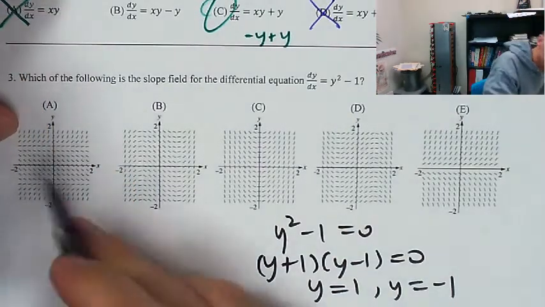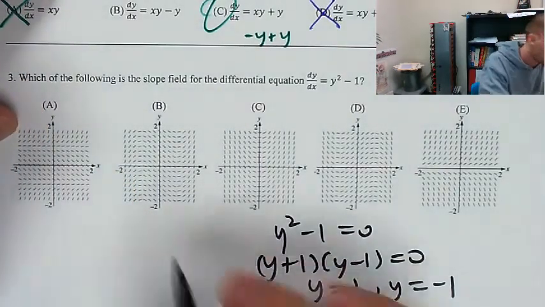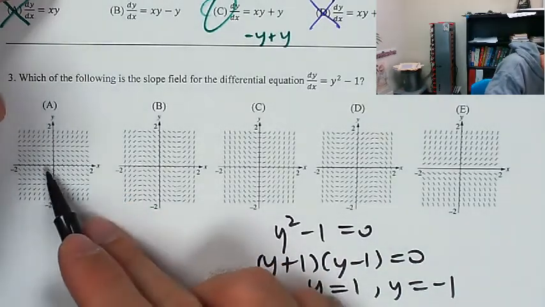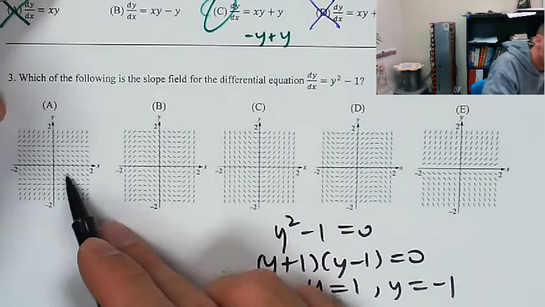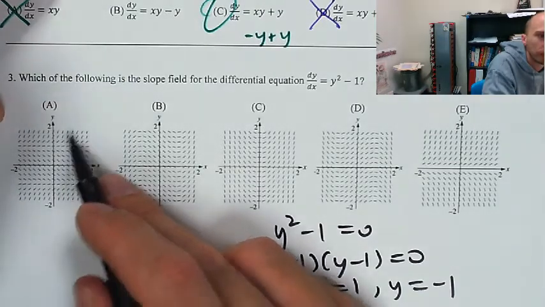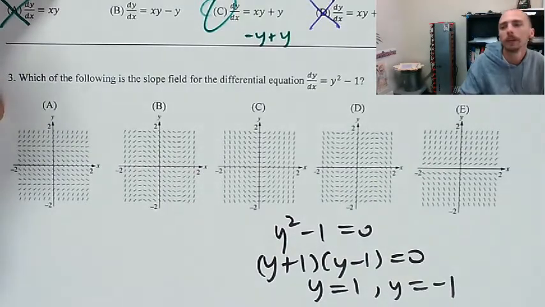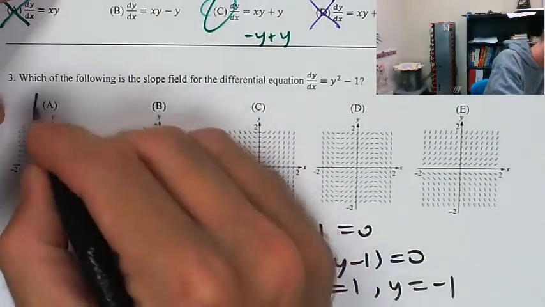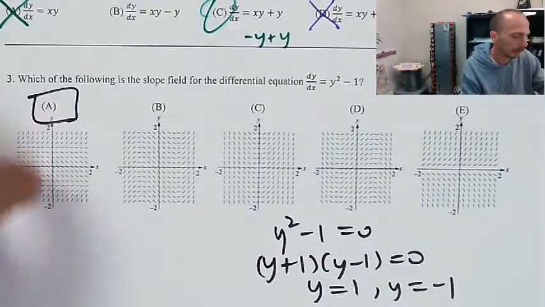And so I think that's right here on answer choice A, right? It's not exactly horizontal, but I know that it went from negative to positive as I moved down on y, and it went from negative to positive as I moved up on y. So that's generally a pretty good indicator that there are 0 slopes happening in there.